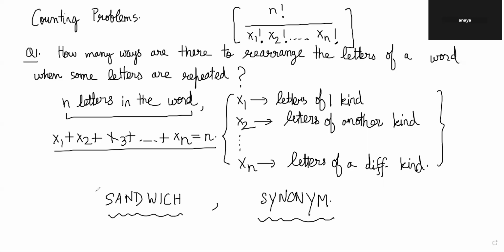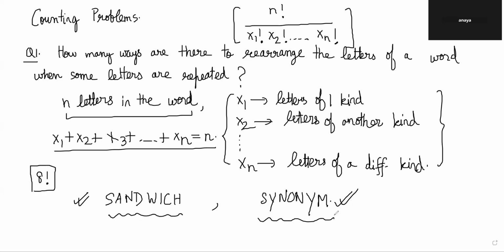Now you have to solve the particular cases for these two words. Sandwich doesn't have any repeating letters, so it'll just be 8 factorial.